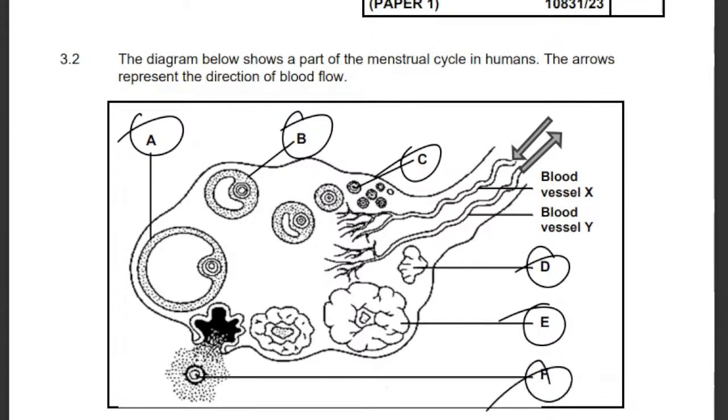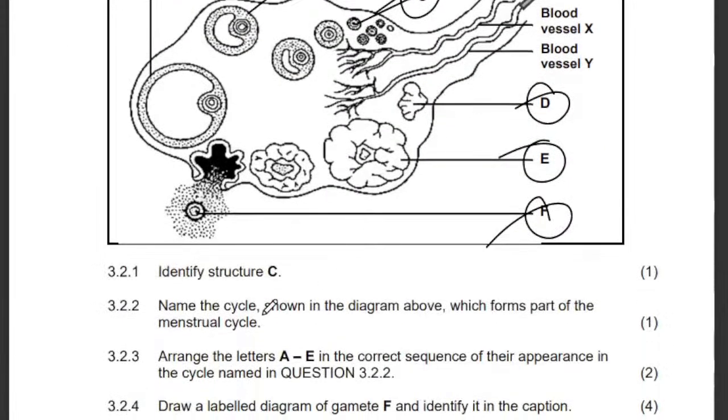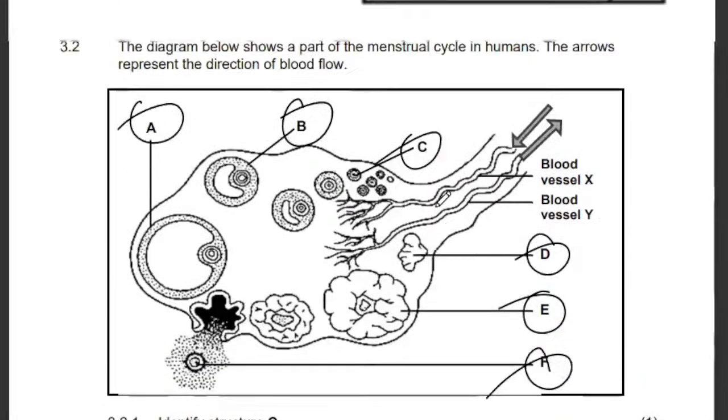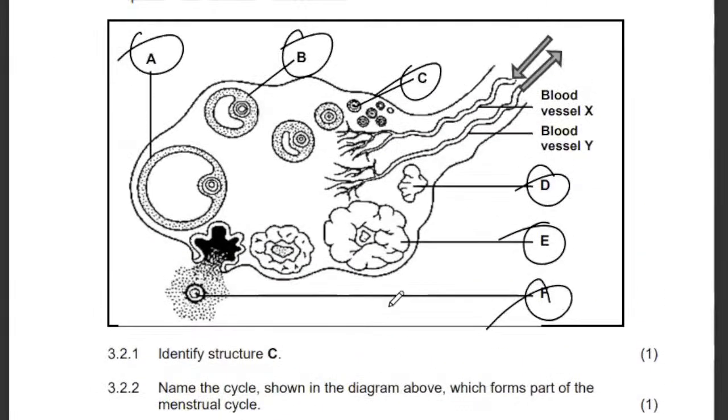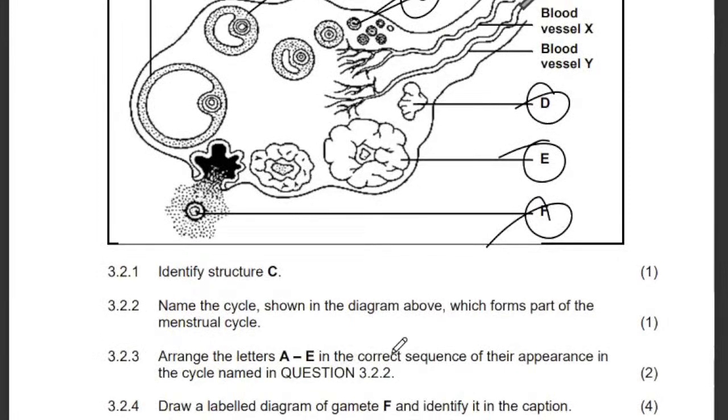Identify structure C. We see that C is an immature Graafian follicle. Name the cycle shown in the diagram above. This is the ovarian cycle because this is an ovary. Arrange letters A to E in correct sequence of appearance in the cycle.